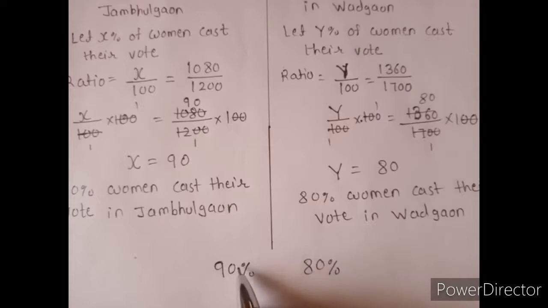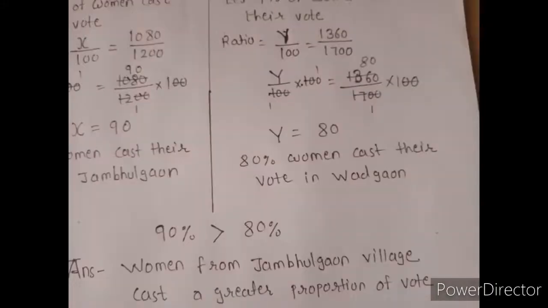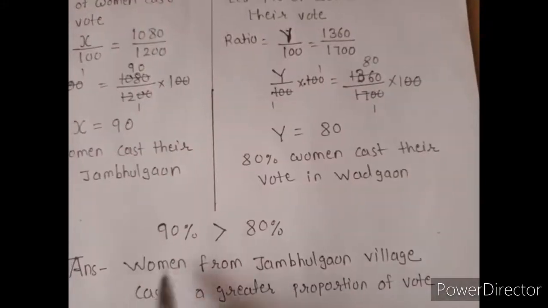Now 90% is greater than 80%. So write down your answer. Here we have written the answer. Therefore, women from Jambulgaon village cast a greater proportion of votes.